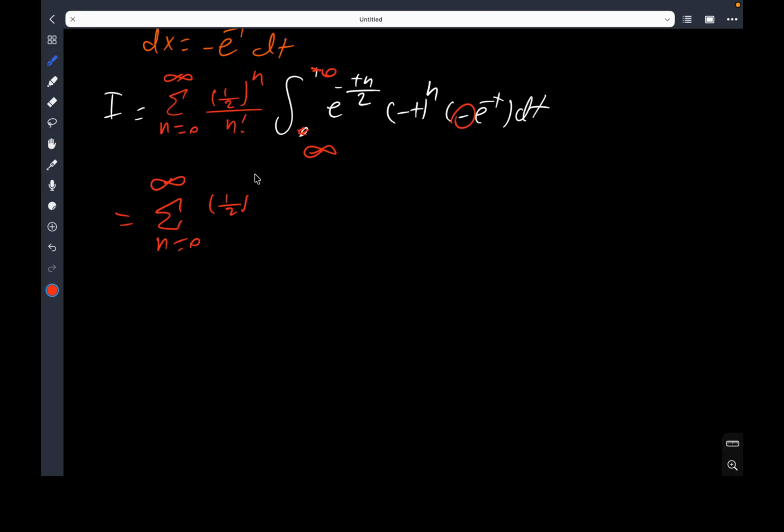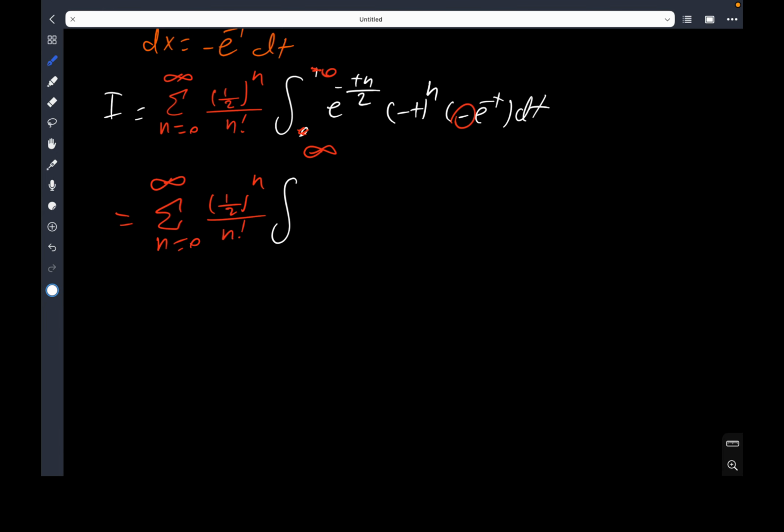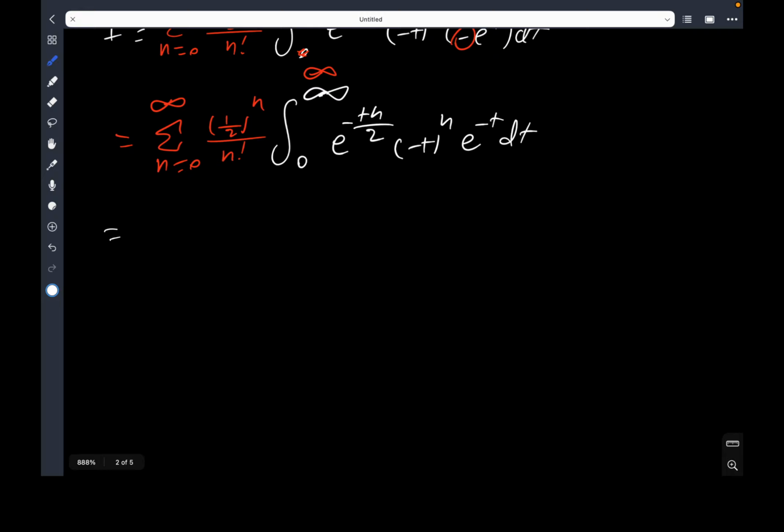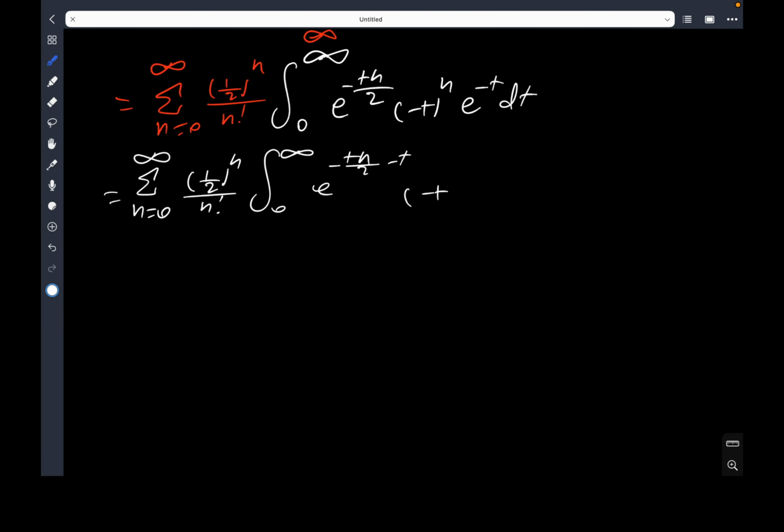So the bounds are going to flip, and I'm going to have the integral from 0 to infinity of e to the negative t n over 2, negative t to the n, e to the negative t dt, and it's going to be equal to the infinite sum from 0 to infinity of half to the n over n factorial, the integral from 0 to infinity of e to the negative t n over 2 minus t, negative t to the n dt.